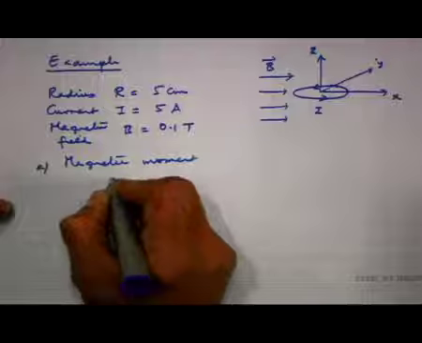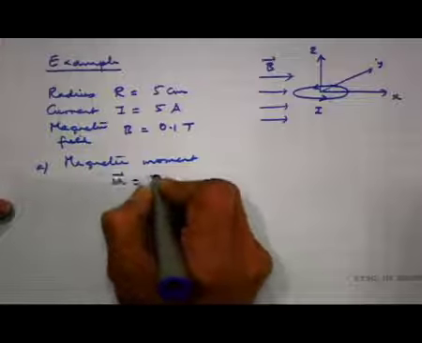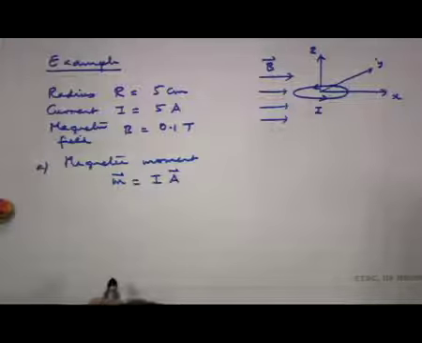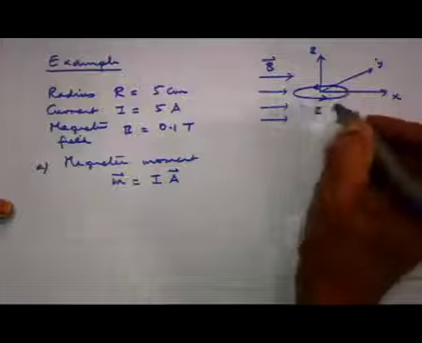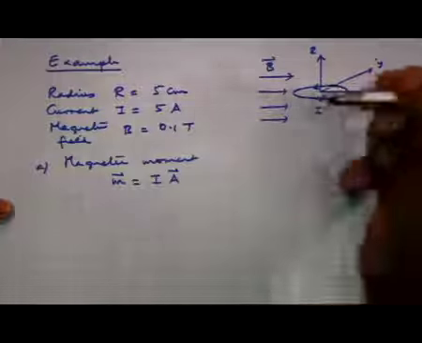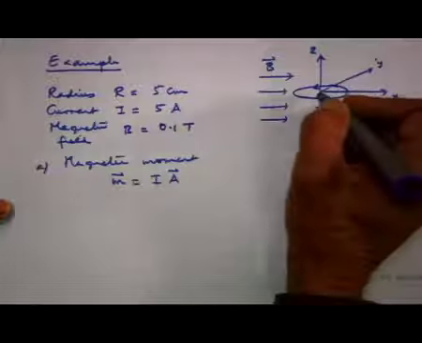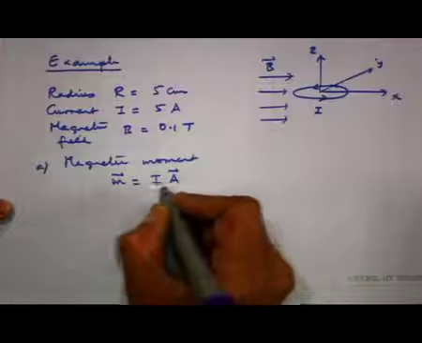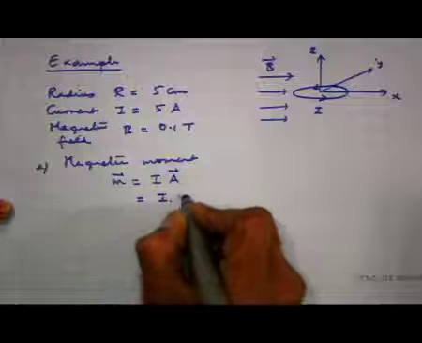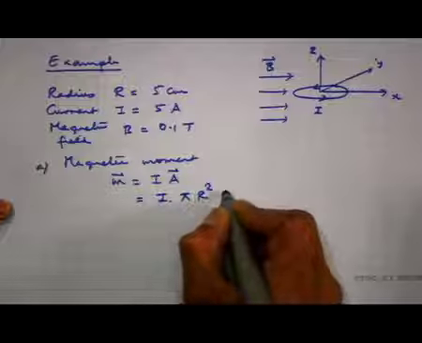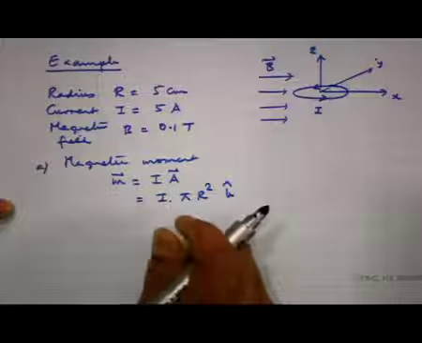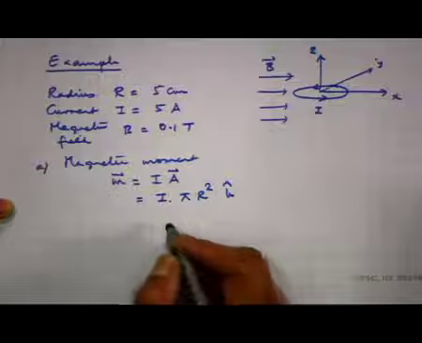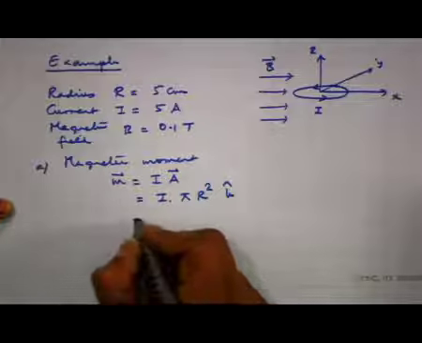Magnetic moment of this loop, m, is equal to I times A, and because the loop is carrying a current in this direction, with the right-hand rule the area vector points along the z direction. So, this is equal to I into pi r squared into k cap, and so we can substitute this.